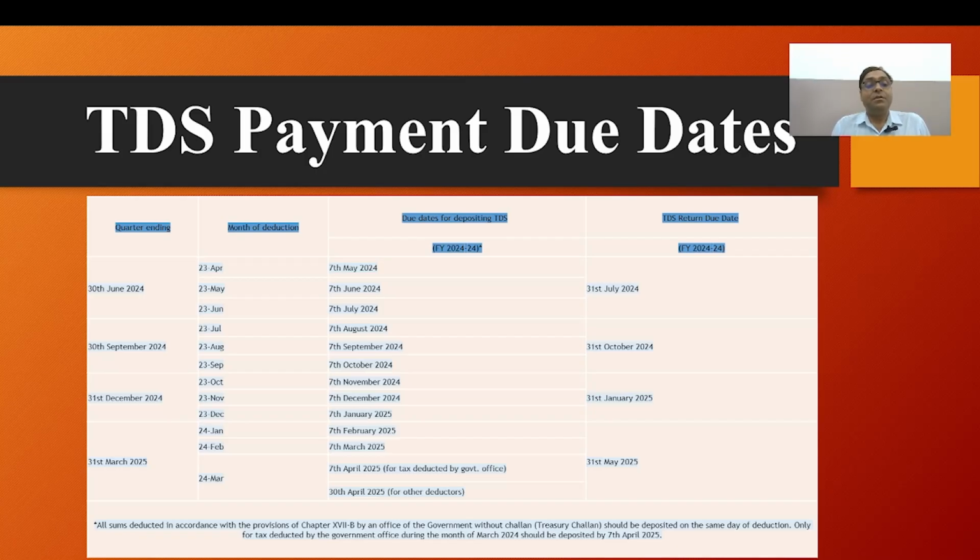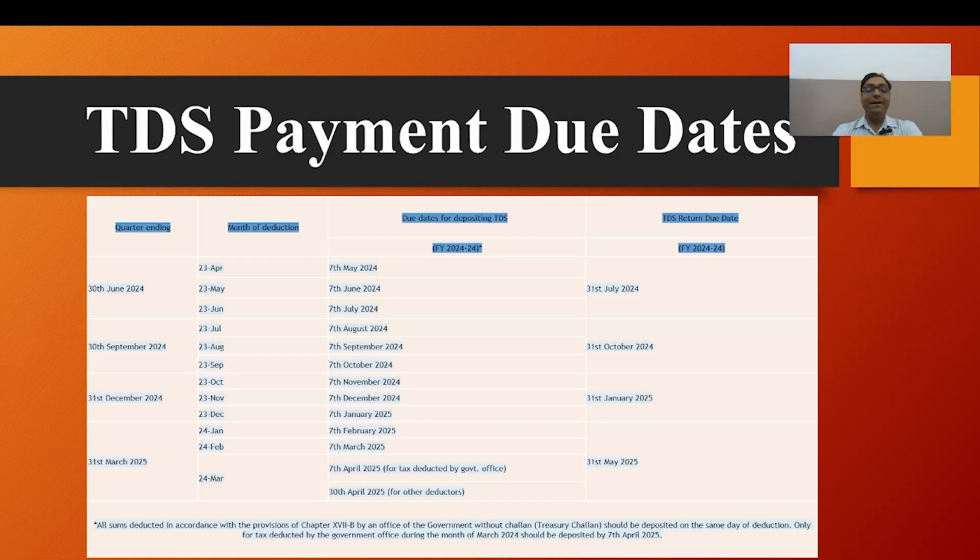The quarters end in June, September, December, and March. Every month the due date is the 23rd, and the quarterly dates are June, September, December, and March, and then it will be complete.